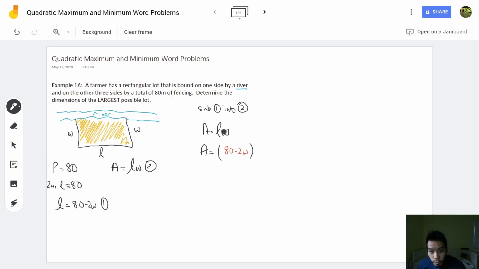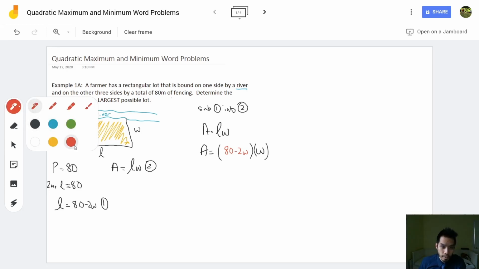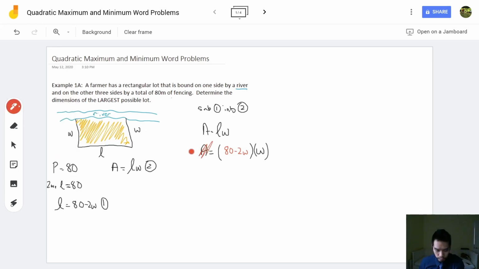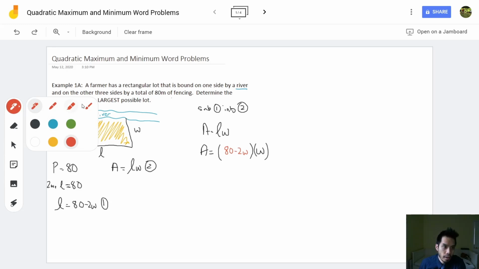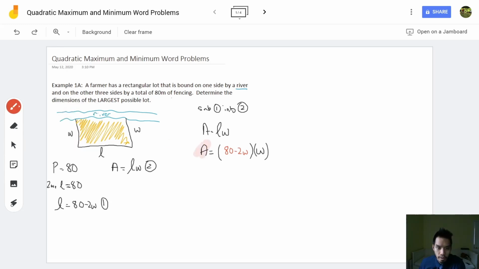And I'm also going to have this W here. So I've replaced L with 80 minus 2W. There's also another W on the outside, which is the width here. And so now, I don't know if you guys recognize this, but this is a very important point. This, oopsies, it's supposed to be a highlighter. This is a quadratic.